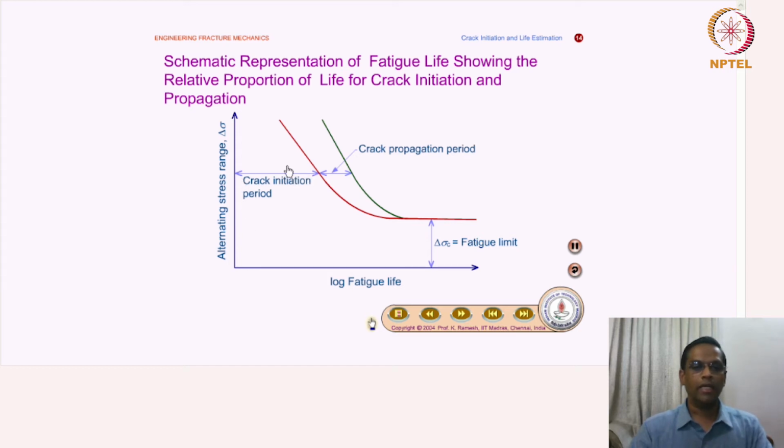The crack initiation period is much larger as compared to the crack propagation period. First of all, we have to recognize that there are two stages or two components to the life: one is the initiation period and the other is the propagation period. So this is very important. Okay, this is the fatigue limit.